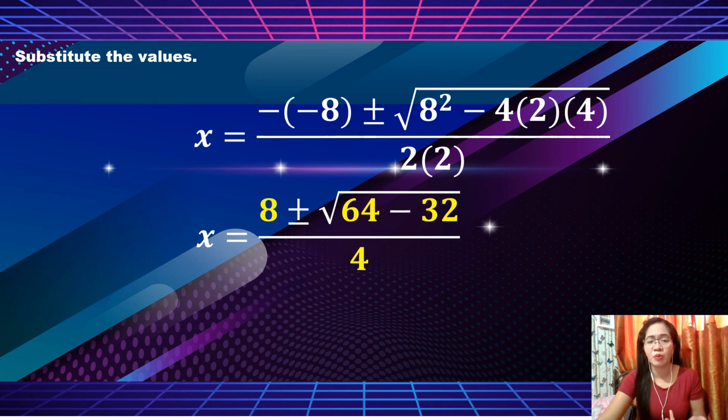So you are going to multiply 8 by itself 2 times. That is 8 times 8 is 64. It is not 8 times 2, but 8 times 8. So now, 4 times 2 is 8, times 4 is 32.